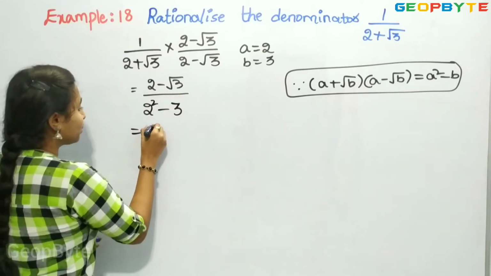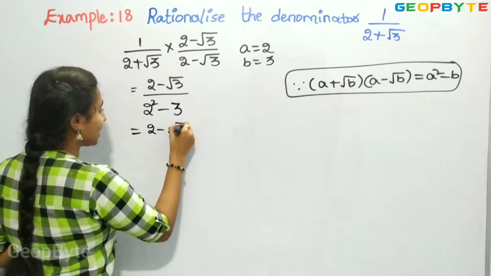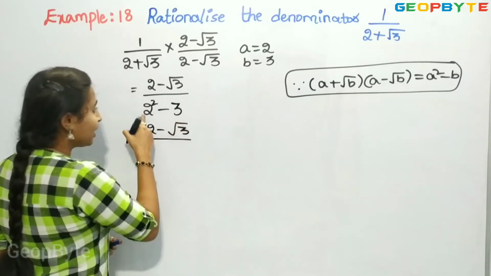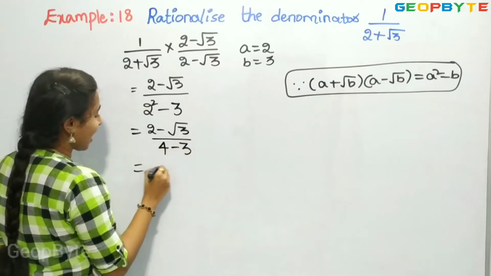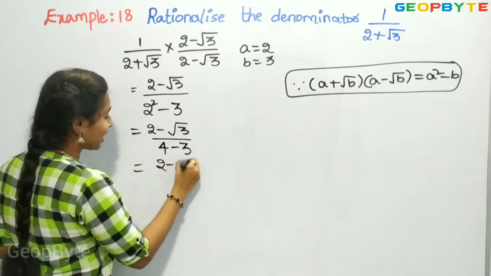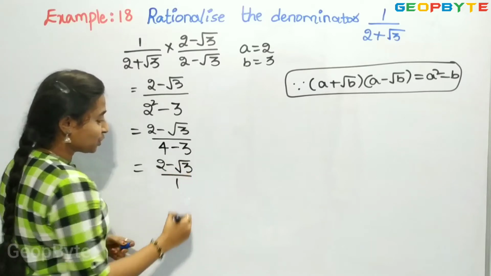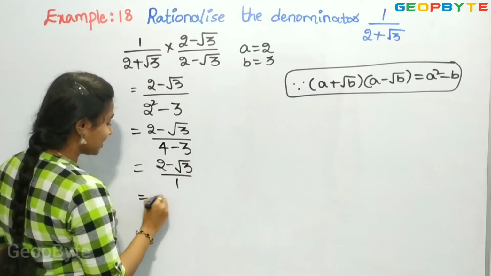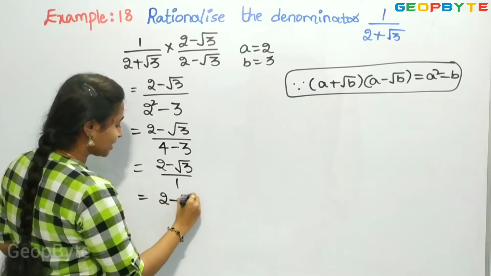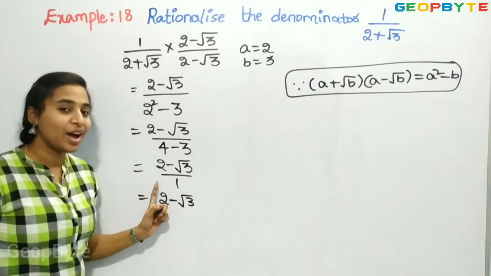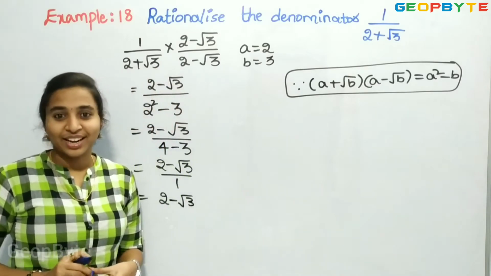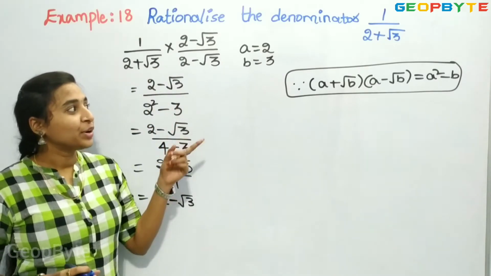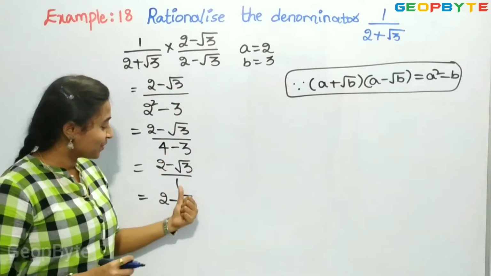Now, 2 minus root 3 by 2 square minus 3 is 4 minus 3, and as you all know, 4 minus 3 is 1. So, 2 minus root 3 by 1 is equal to 2 minus root 3. 1 is a rational number, so we have rationalized the denominator 2 plus root 3.